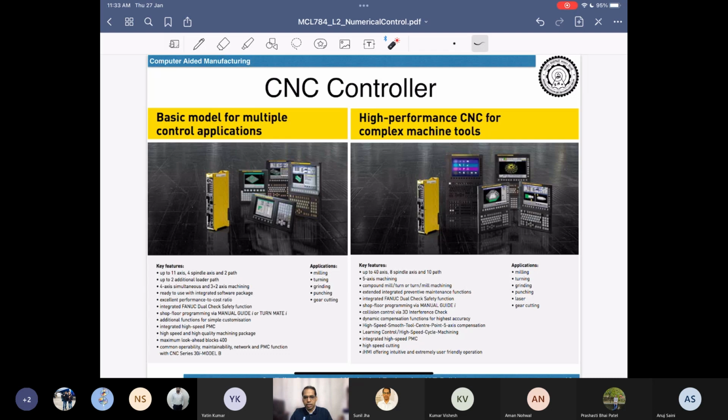Certainly the linear and circular interpolation commands will be the same in all types of controllers. But if I have to do pocket milling, for example, there may be additional codes used in those particular controllers. Some controllers take care of a specific requirement of a machining process.